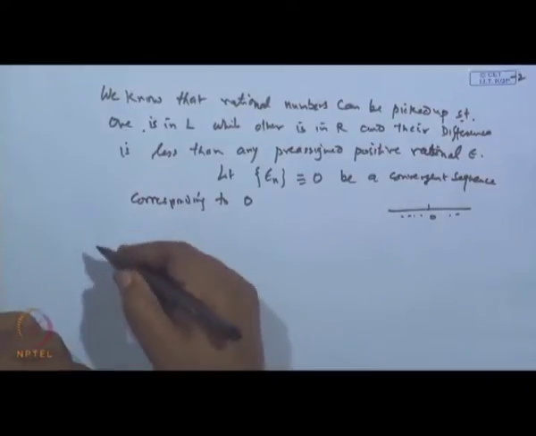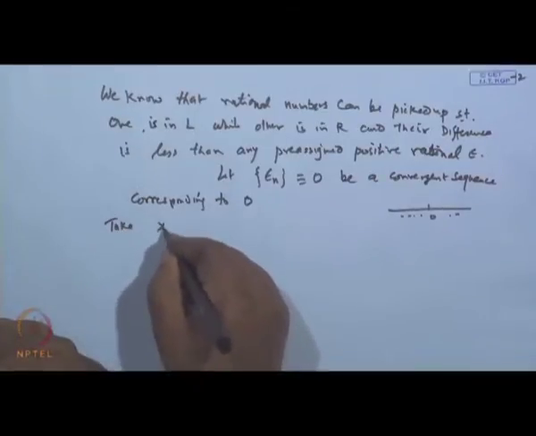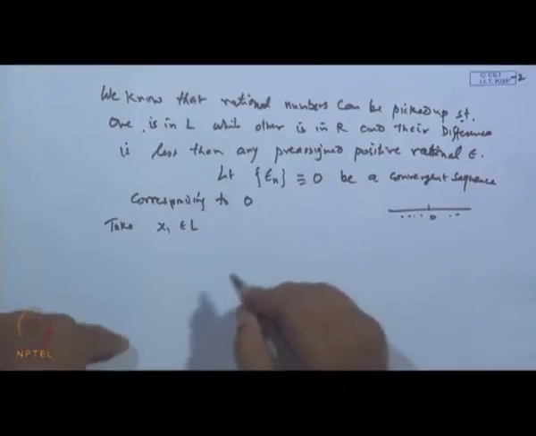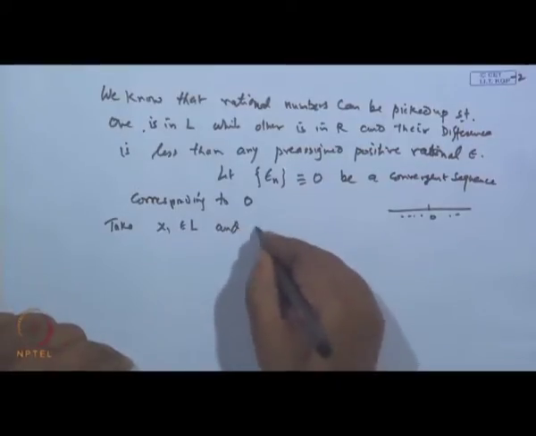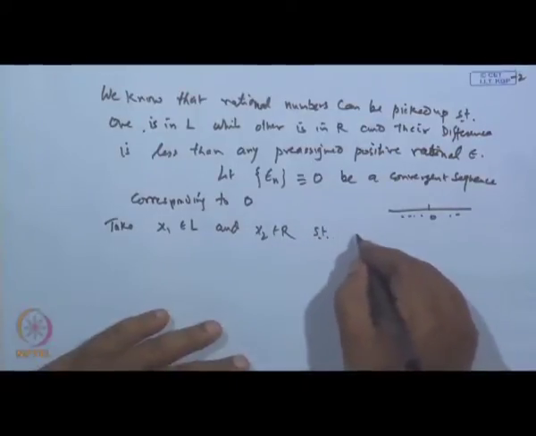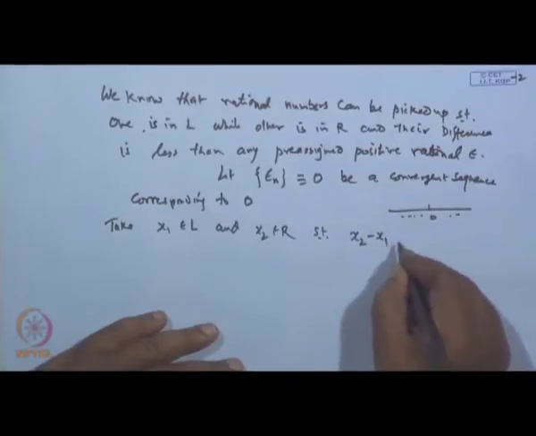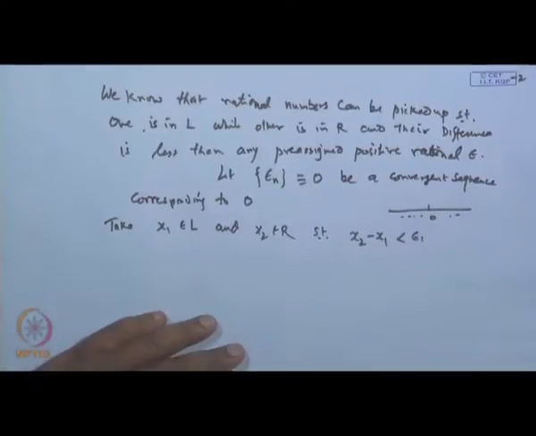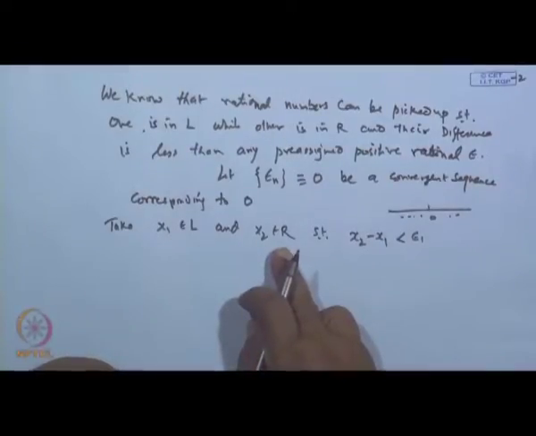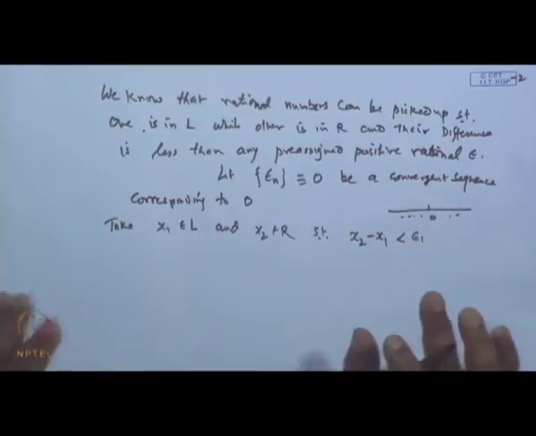Now, take a point x 1 belonging to L and x 2 in R, such that the difference x 2 minus x 1 is less than epsilon 1, because any element of L is less than any element of R. So, x 2 minus x 1 is positive, but this difference should be less than epsilon 1.